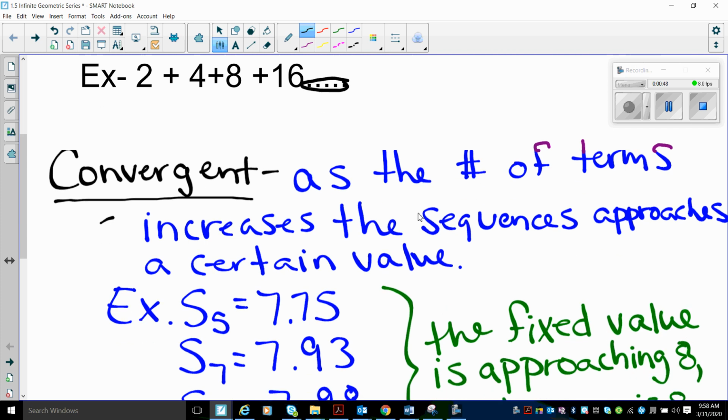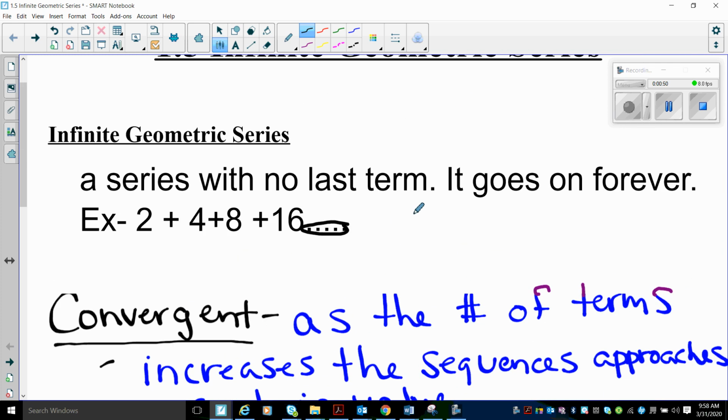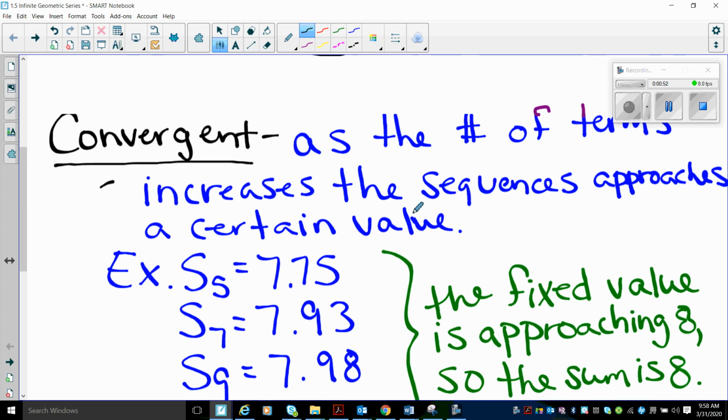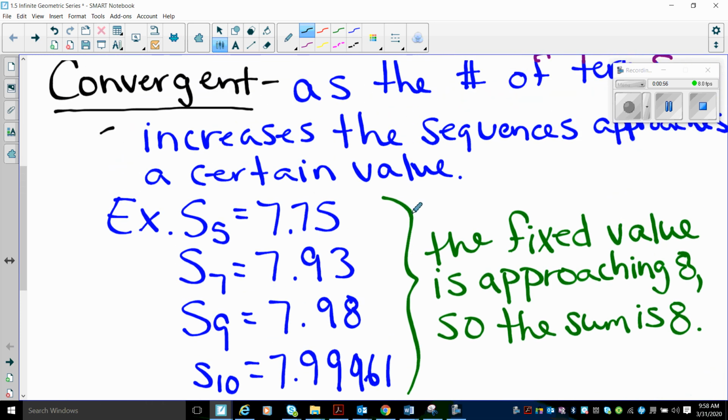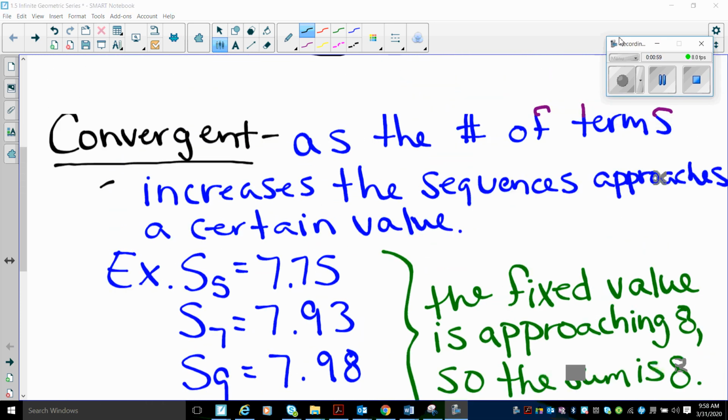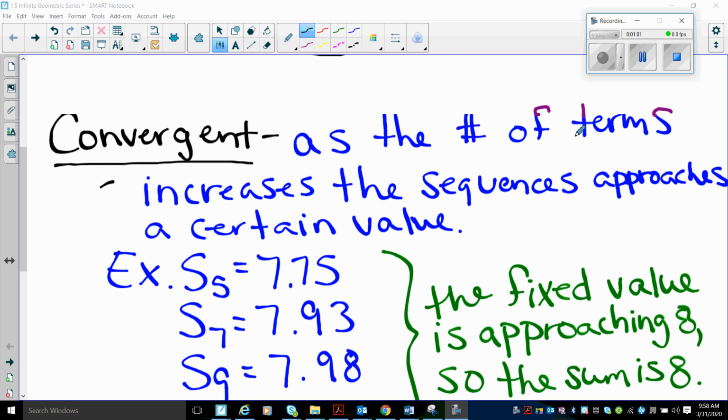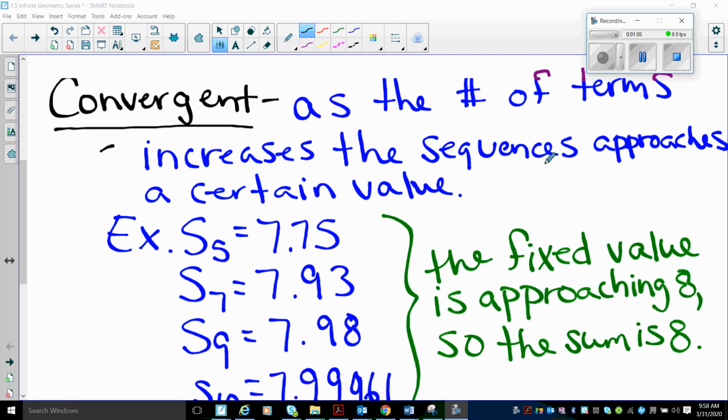So there are two different types of infinite geometric series. One is called convergent and one is called divergent. A convergent series is when the sums of a series add up and approach a certain value.